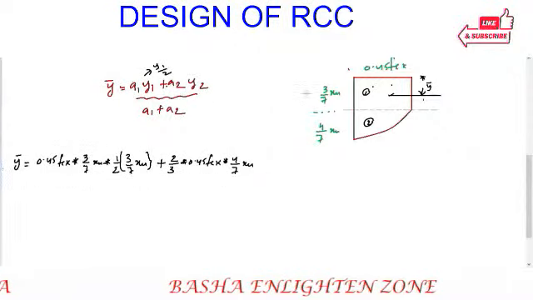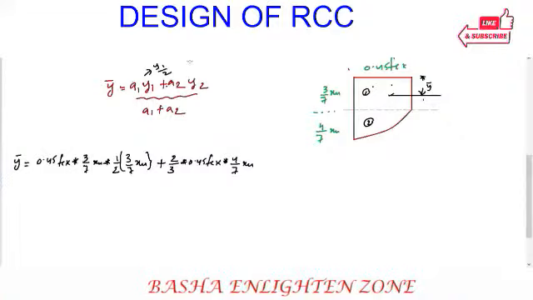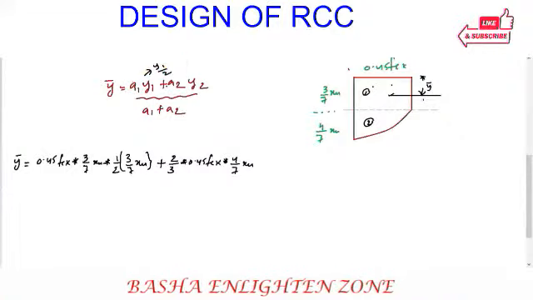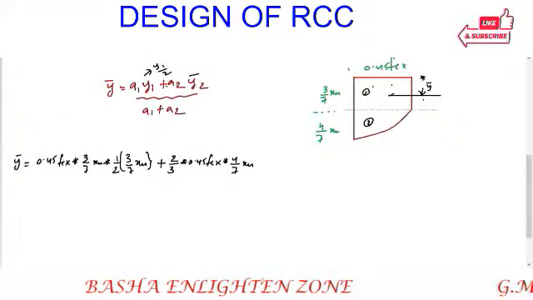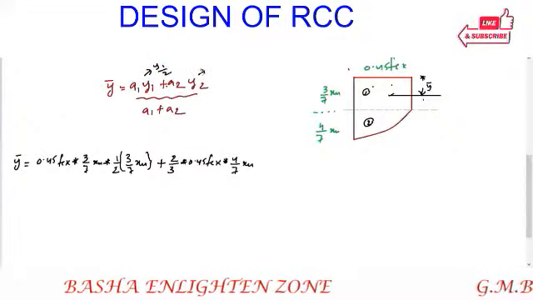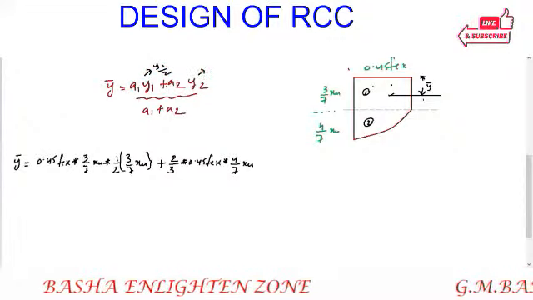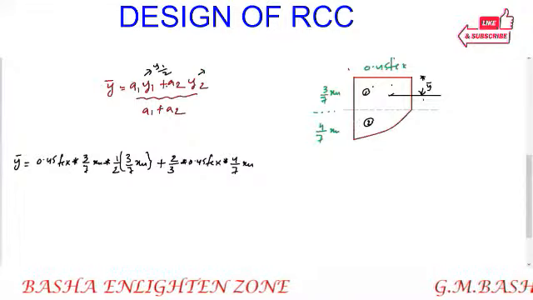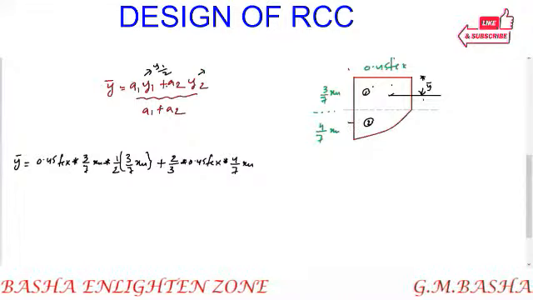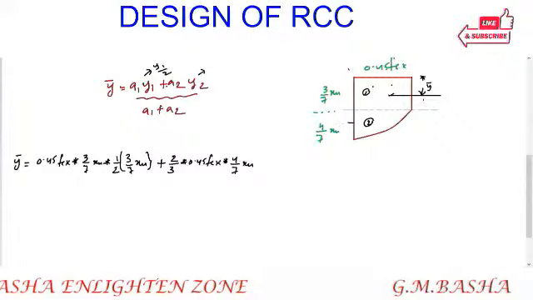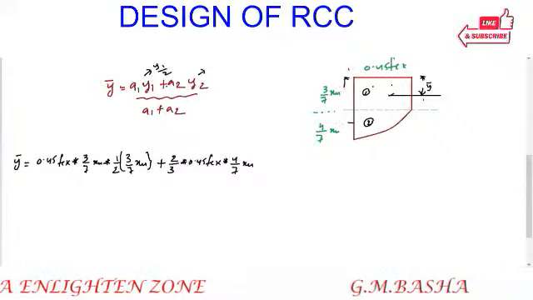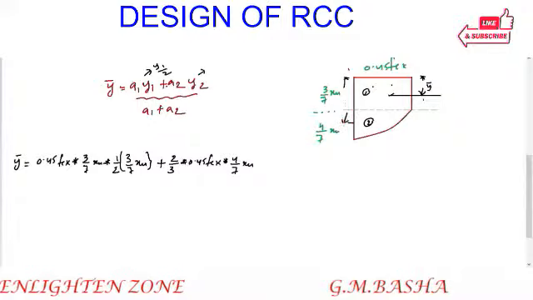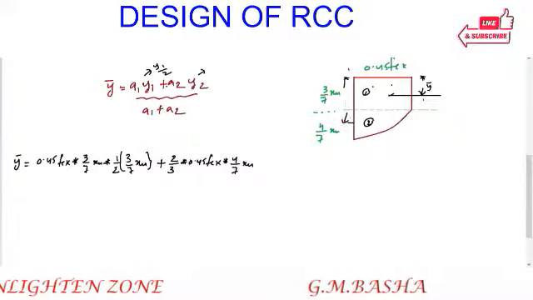Then again, what about this y2? I am talking about the y2. I am drawing the entire diagram for this y2 purpose only, because it is very inconvenient to explain in the previous diagram. So y2 means we have to find the exact center of this one, taken from the top to the exact center of the parabolic portion.